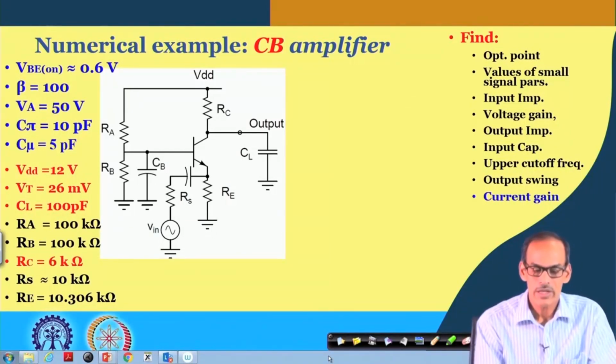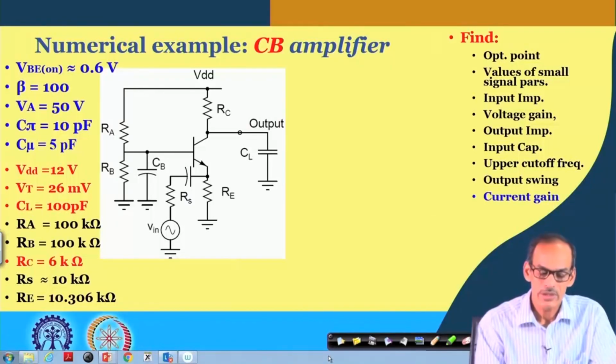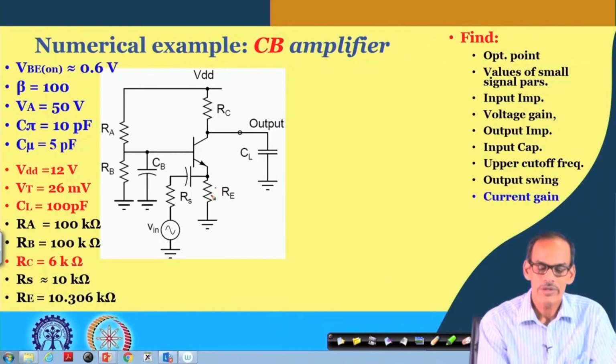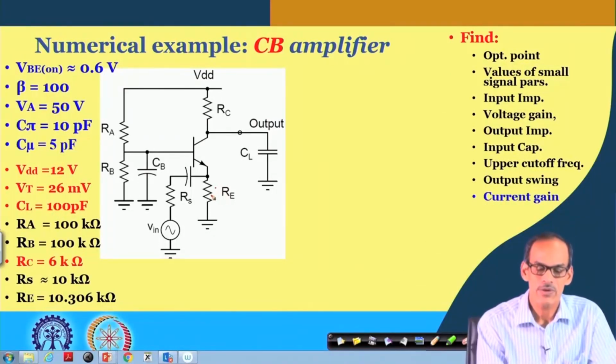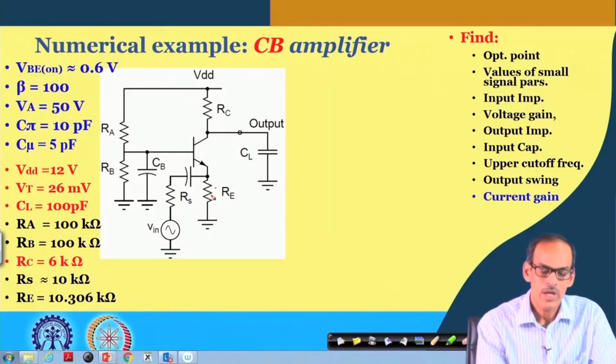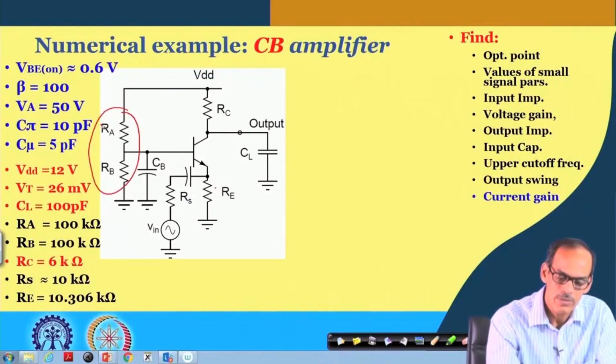But I must say that for the common gate circuit, we can consider ideal bias, and we already have done this exercise for common base. So, instead of going with the ideal bias and then going for the practical circuit, I prefer to go directly into a numerical example where we will be having this kind of biasing arrangement.